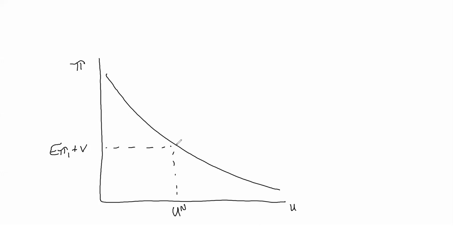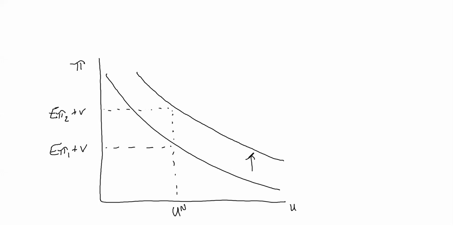But if suddenly we decide that there's probably going to be more inflation next year, basically if we decide that e pi 2 is greater than e pi 1, that shifts up what we think inflation is going to be at the natural rate. It shifts that entire Phillips curve upward.